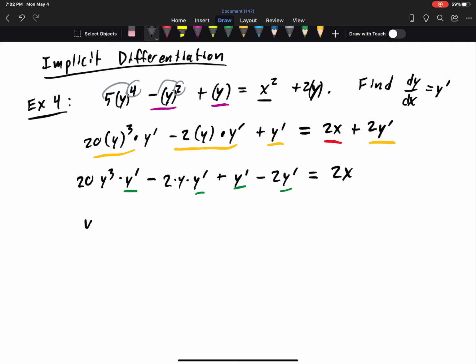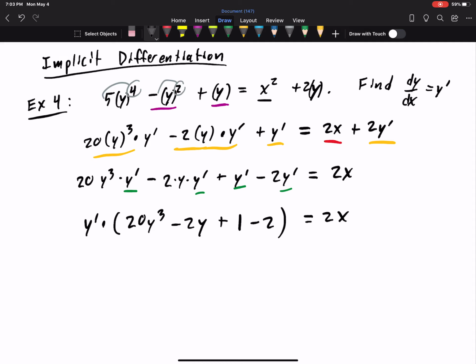We have y prime times 20y cubed minus 2y plus 1 for this term here, and minus 2 for the last term, because we pulled off the y prime on both of those terms. And this entire thing is equal to 2x.